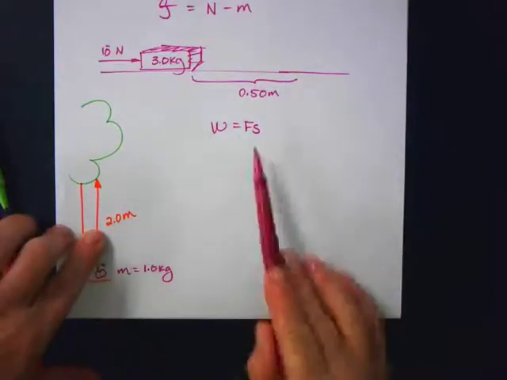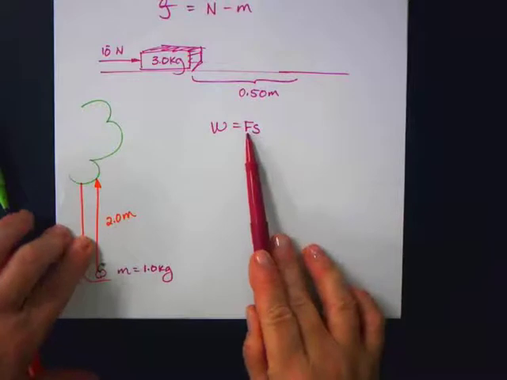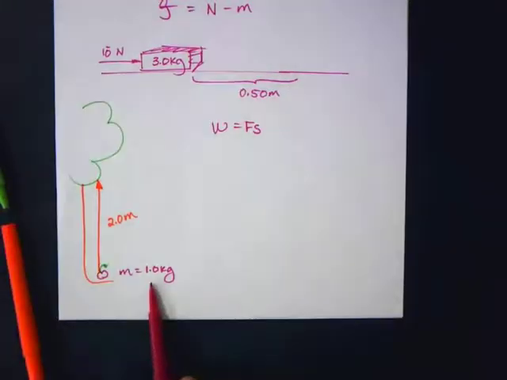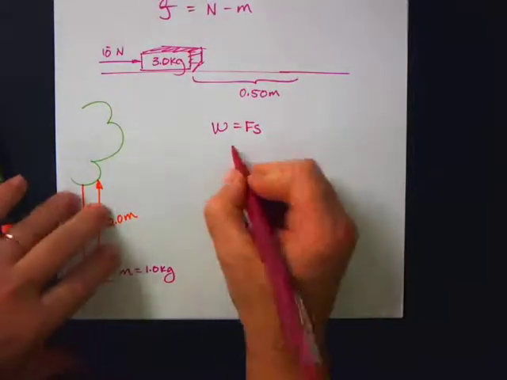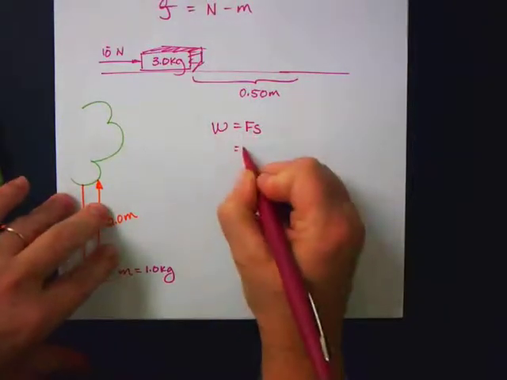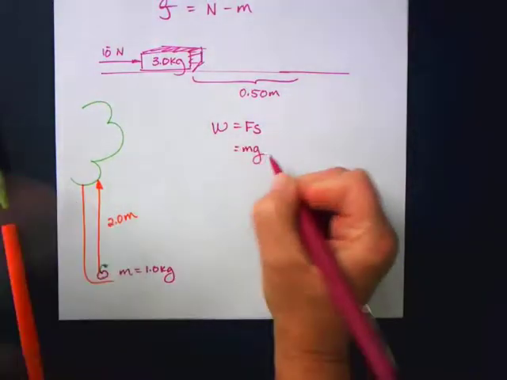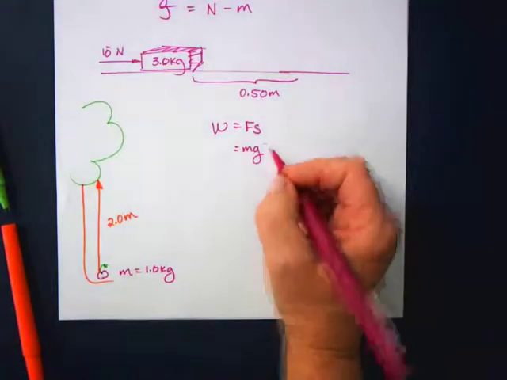Will it take work to lift the apple and put it up in the tree? Yes, of course it will. We know what the distance is. We're going to lift it 2 meters, right? What's the minimum force you need to lift a 1 kilogram apple? Good, 9.8 newtons. The force to lift an object is equal to its weight.